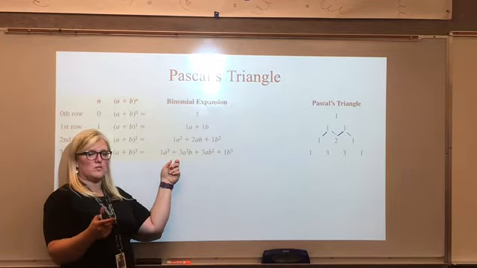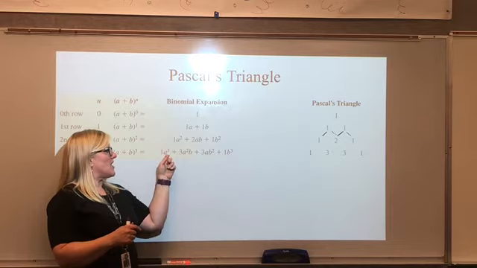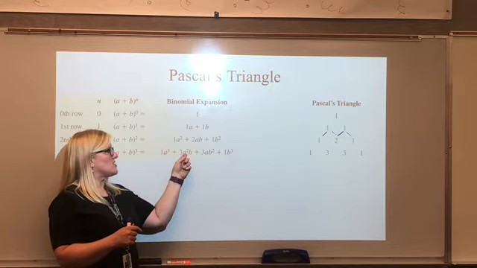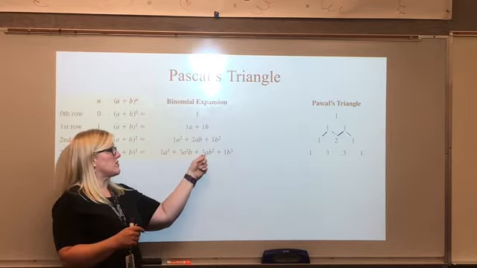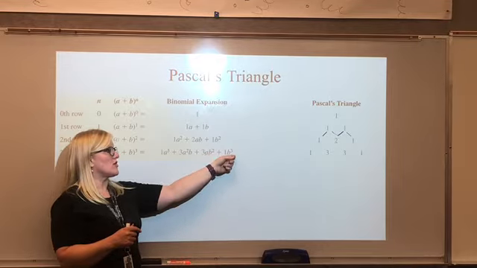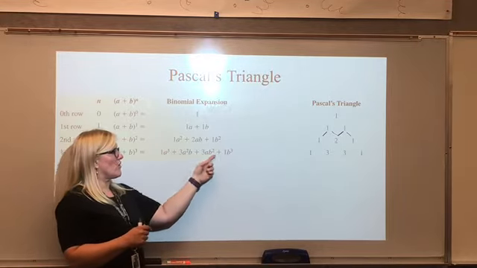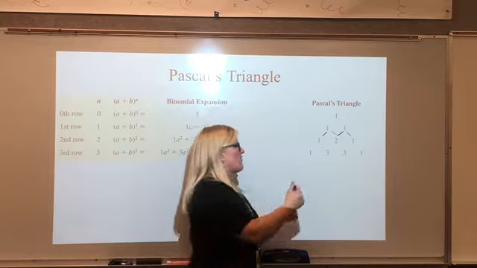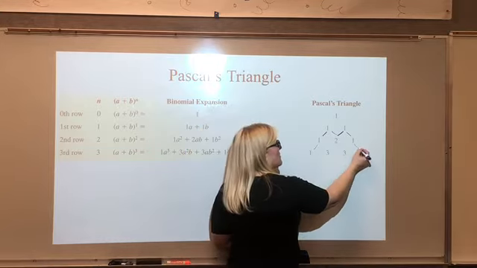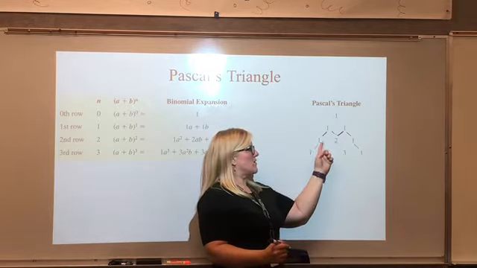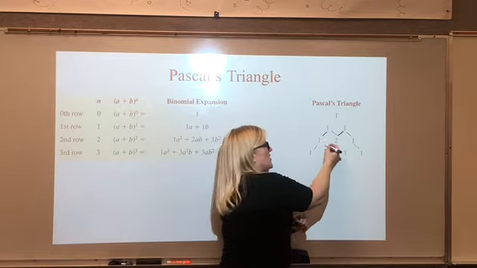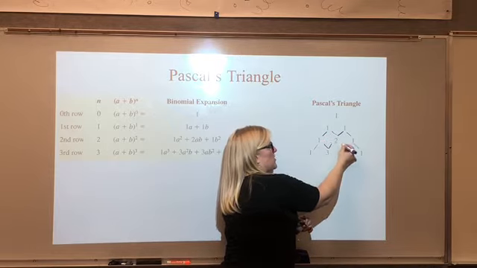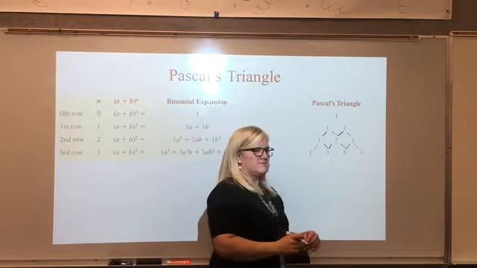This is when it's cubed. We have a cubed plus 3a squared b plus 3ab squared plus b to the third. Well, let's just look at the coefficients. So we have the ones that come down, and now look at this. We've got 1 plus 2 is 3, 2 plus 1 is 3.